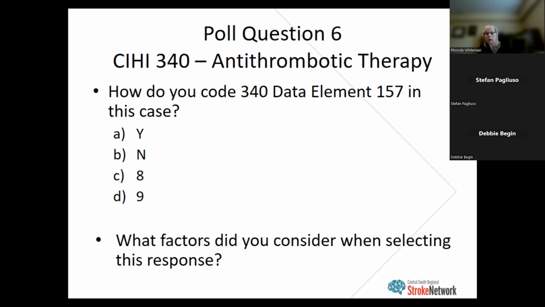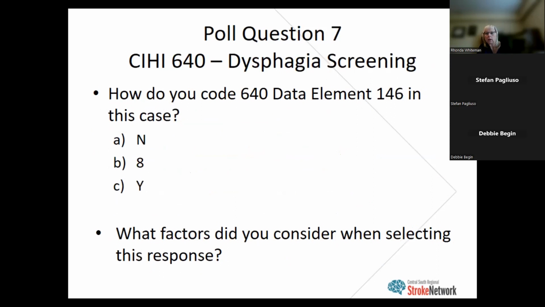So again, in this case, there is the note in it that yes, the patient had dysphagia.